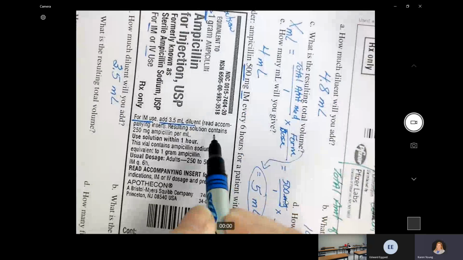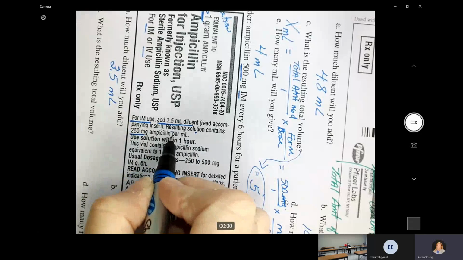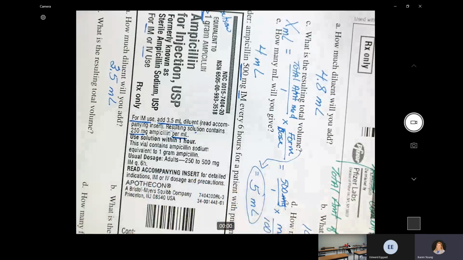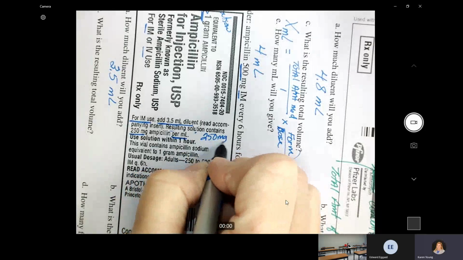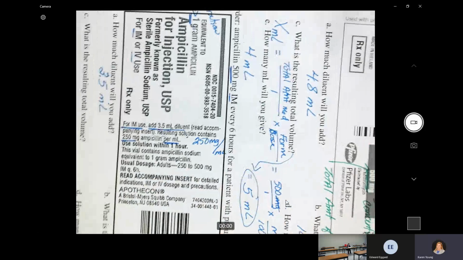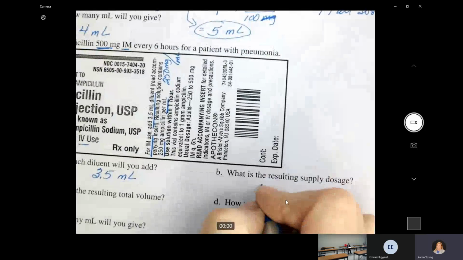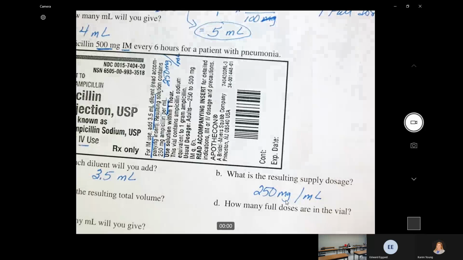Well, if we keep reading, its resulting solution contains 250 milligrams of ampicillin per milliliter. So my supply is 250 milligrams per milliliter.